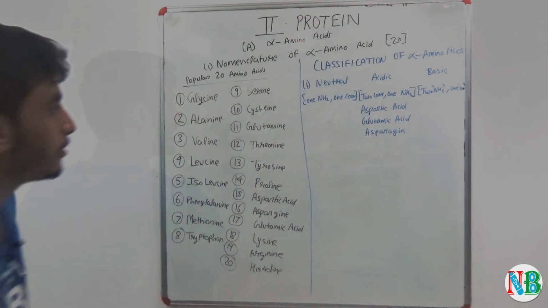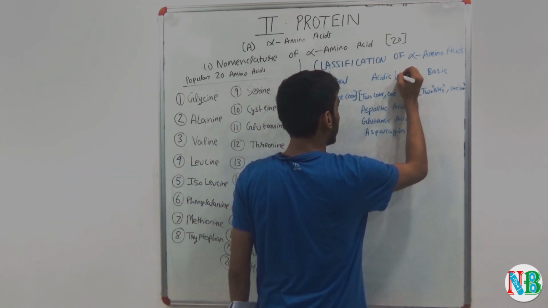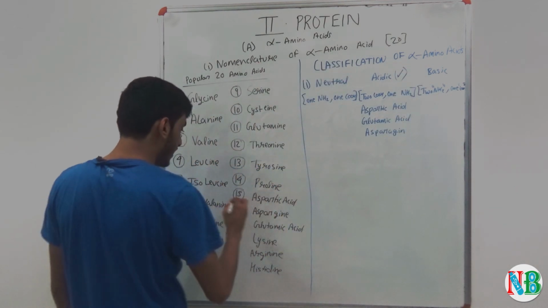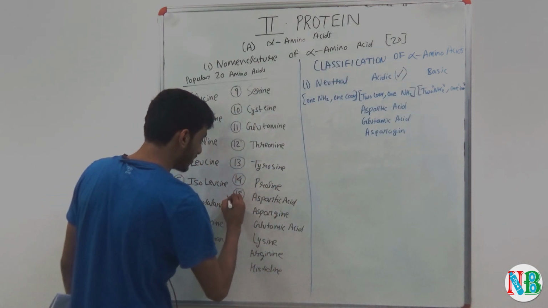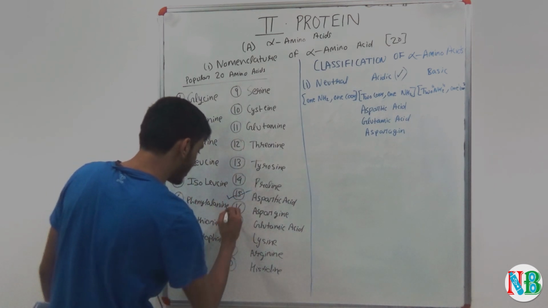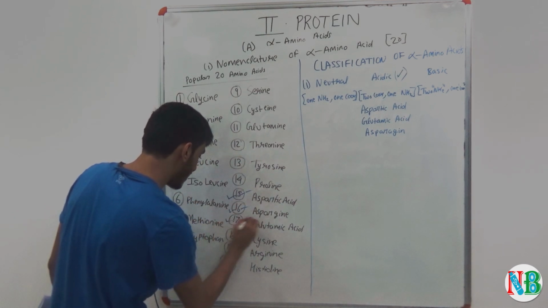Suppose I'll represent the acidic ones by blue color. So among them, the 15th one is acidic, 16th one is acidic, 17th one is acidic.